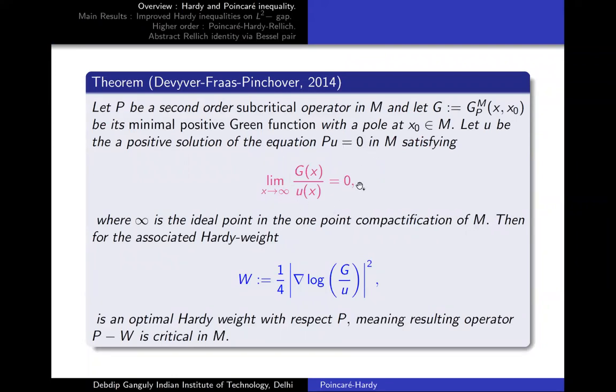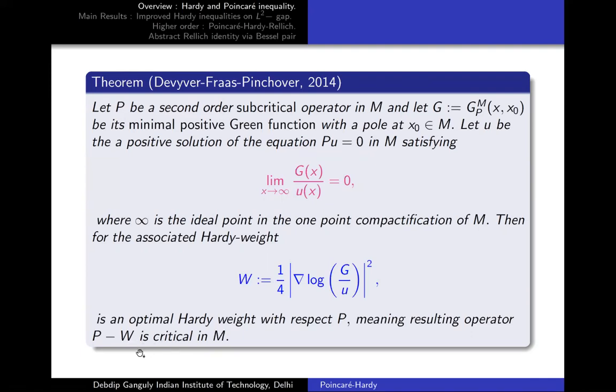Then we can always construct a Hardy weight. What is that Hardy weight? The Hardy weight is W equals 1 by 4 times the modulus squared of the gradient of log (G by U). This means that for any given second order elliptic operator P, they have explicitly constructed at least one Hardy weight W, given in terms of the Green's function, such that P minus W becomes critical.